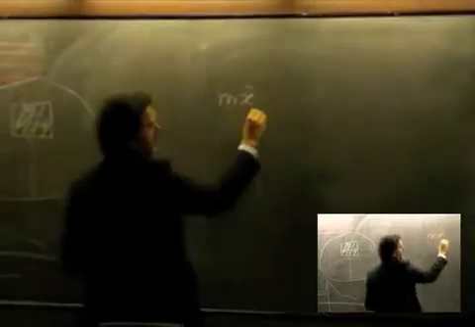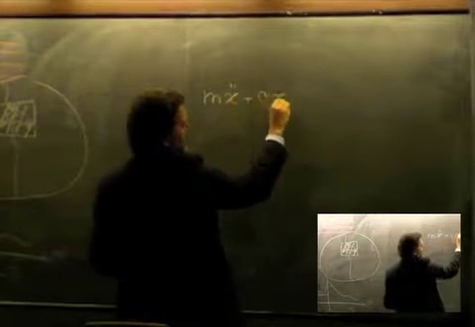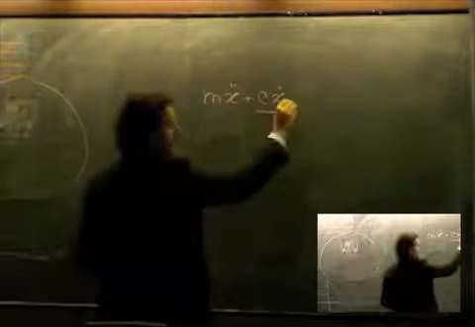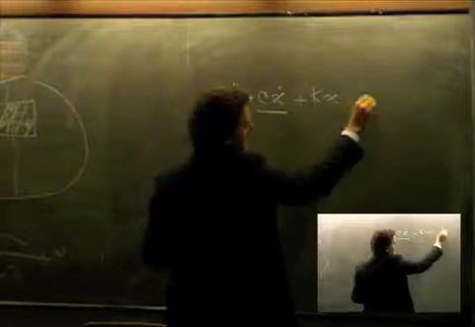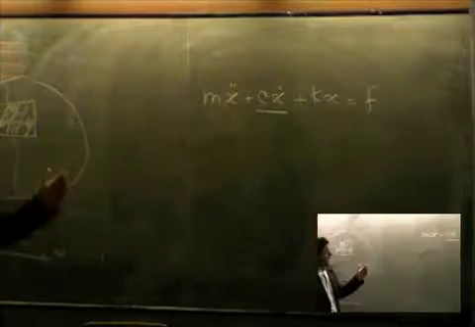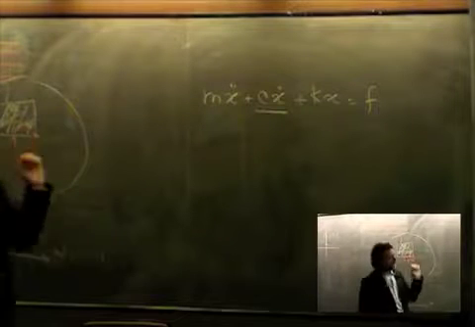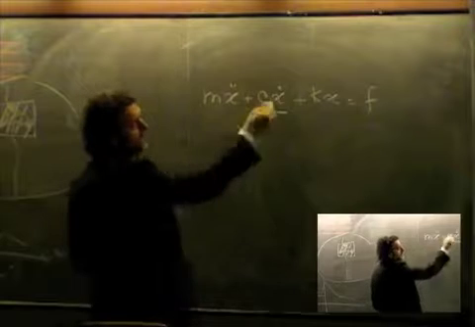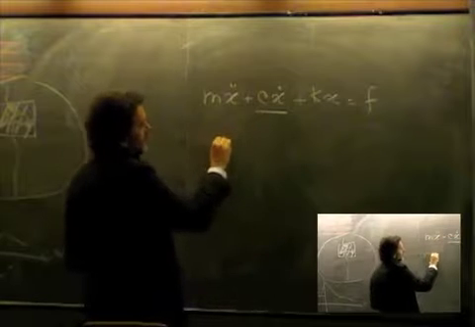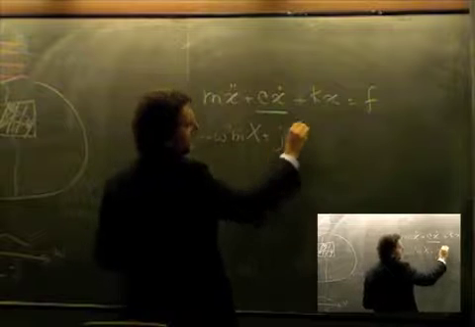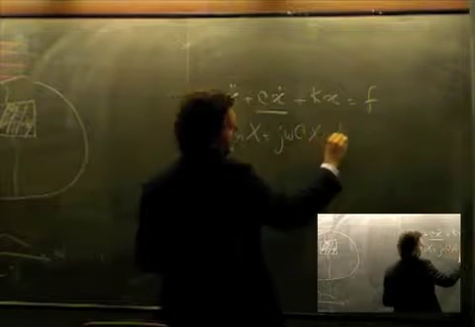If you have a harmonic oscillator, it's quite natural to introduce something that dissipates energy in this form. Then you have an elastic term like that, and then you have a force. If you take the Fourier transform, you have j omega x plus kx equals f.